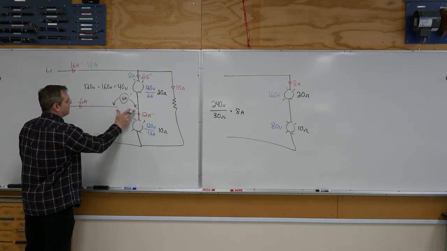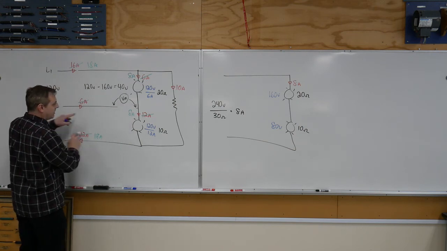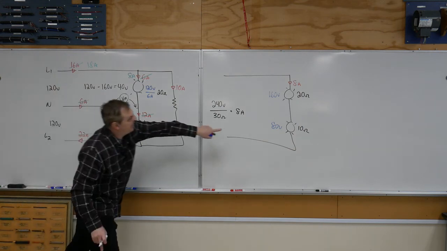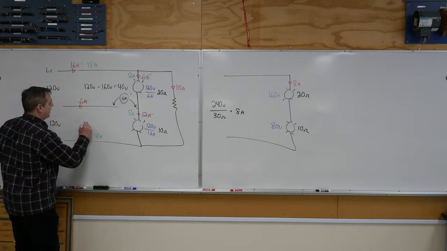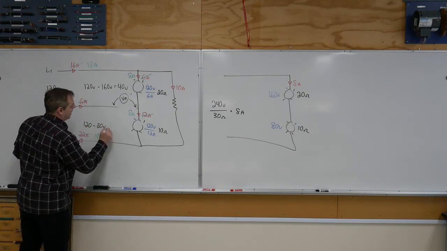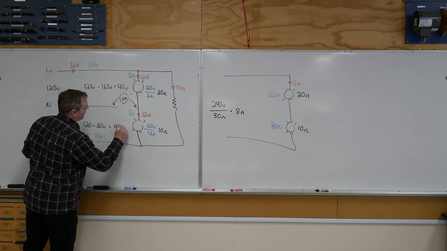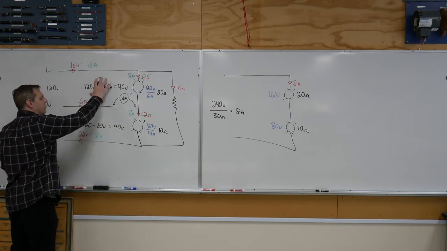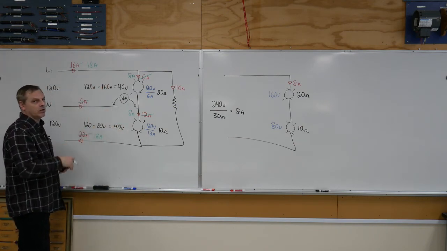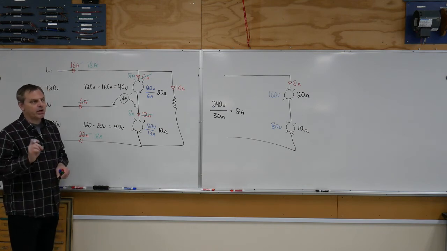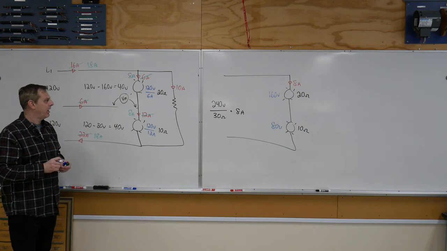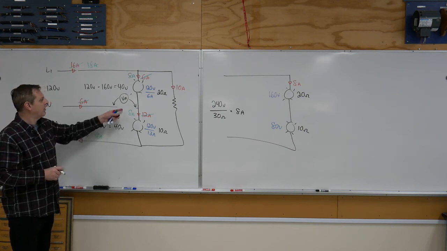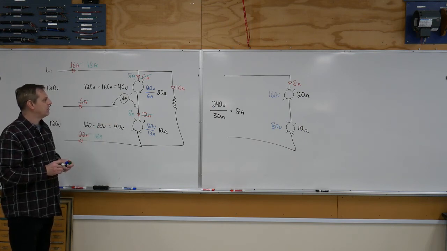And then the difference from this point to this point, that's the 80 volts down there. 120 minus 80 would give you the 40 volts as well. You can do either the top or the bottom. The value should be exactly the same, or very near the same if you've got some rounding of numbers going on. So you've got a 40 volt potential difference between those 2 points.